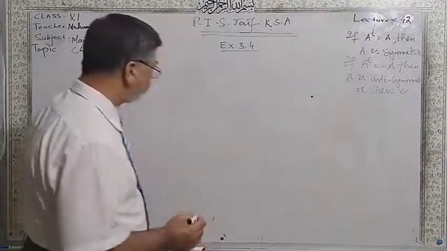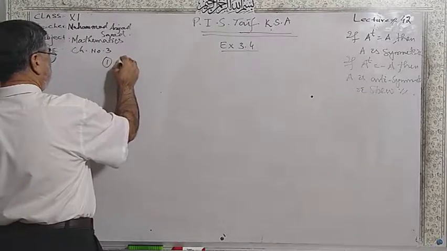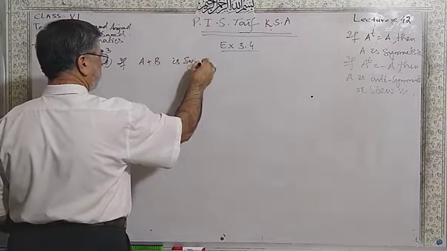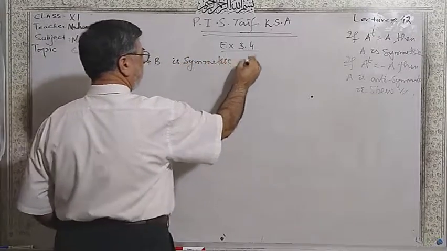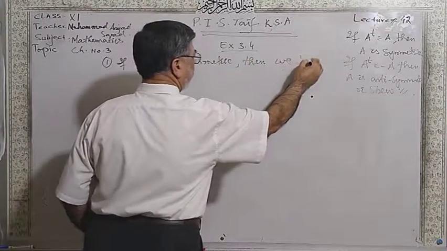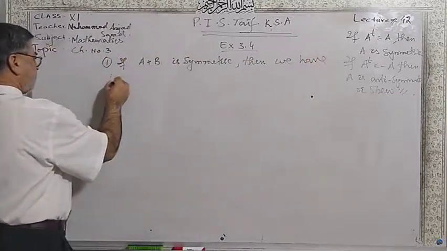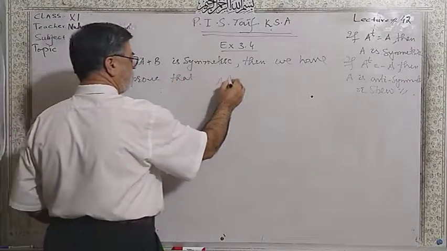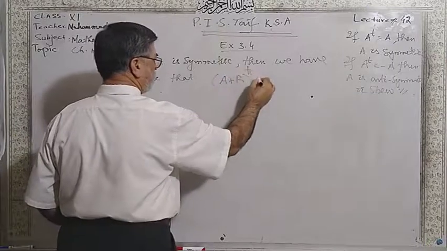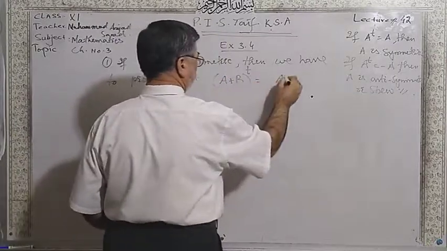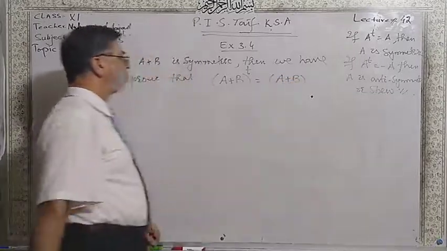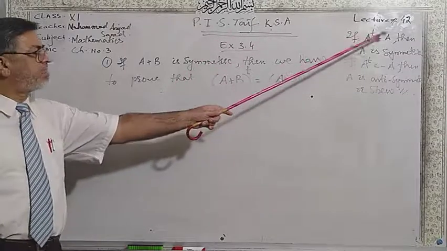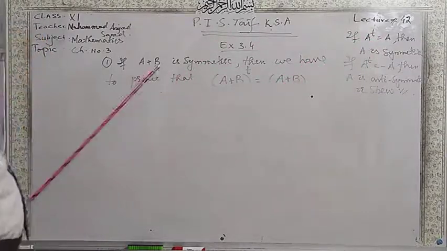Remember that in question number 1, if A plus B is symmetric, then we have to prove that A plus B whole transpose is equal to A plus B. This is by definition, just like A transpose is equal to A, then A is symmetric.